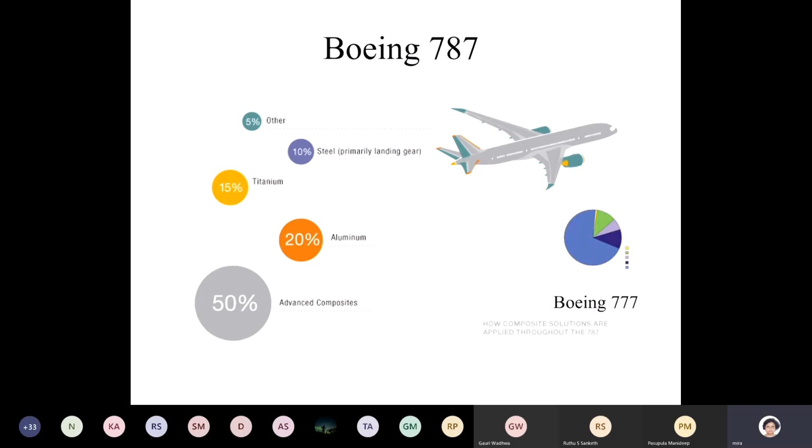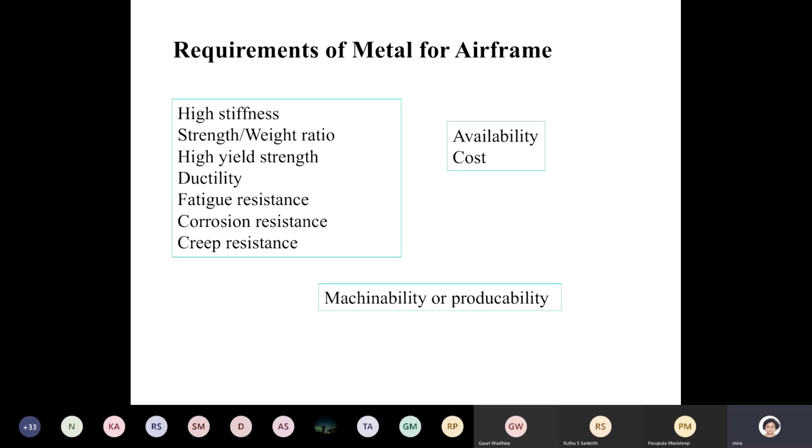Saying this, I should also mention that there is still constant research going on in finding newer and more suitable material for aircraft construction. One among them is titanium.